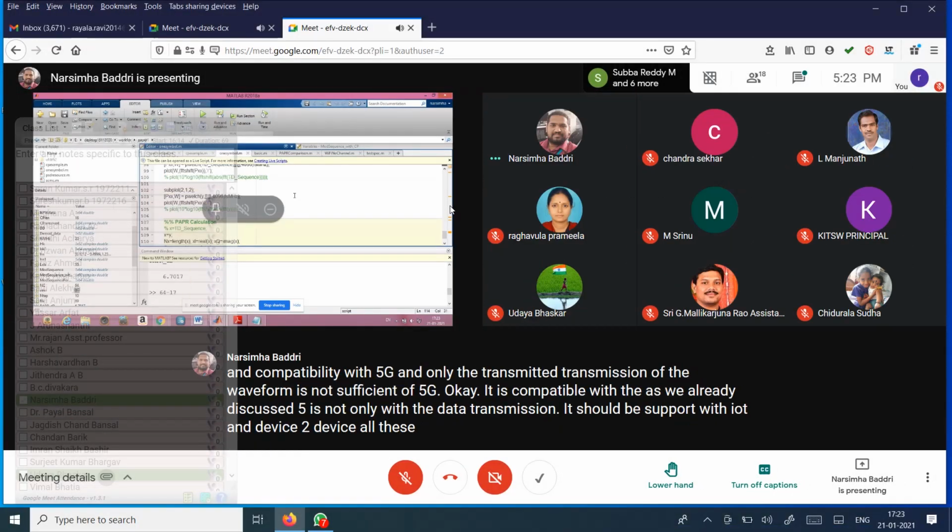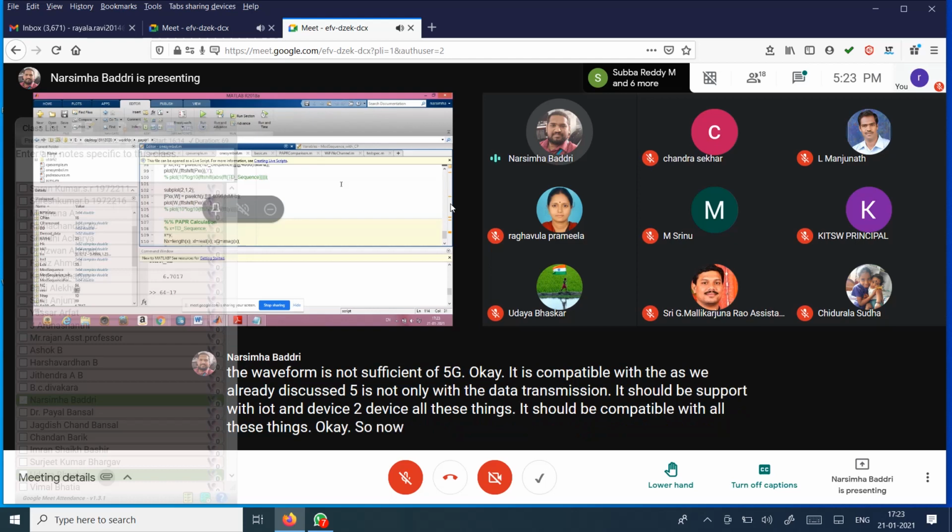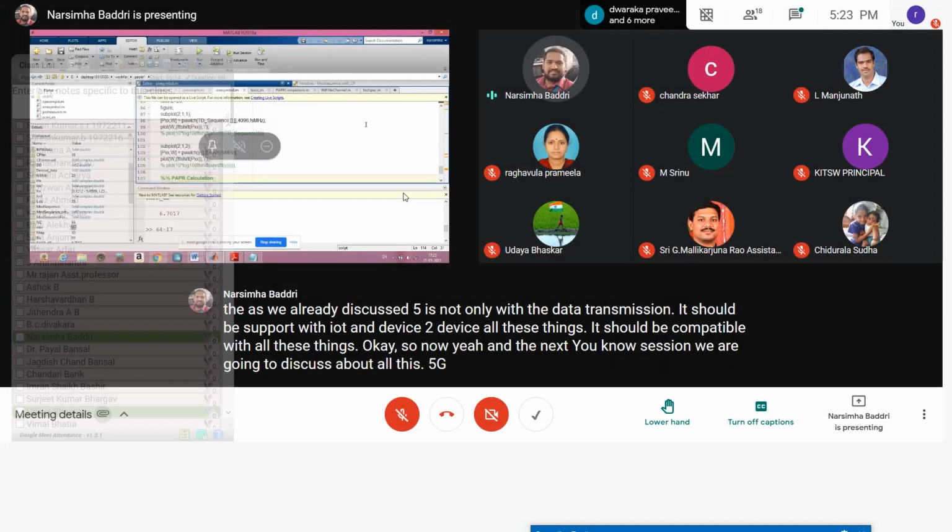So there is a complexity and compatibility issue with 5G, and only the transmission of the waveform is not sufficient for 5G. As we already discussed, 5G is not only about data transmission, it should support IoT and all these things.